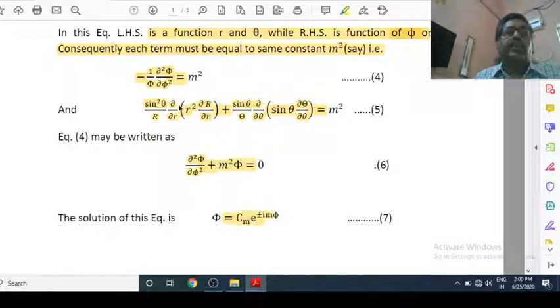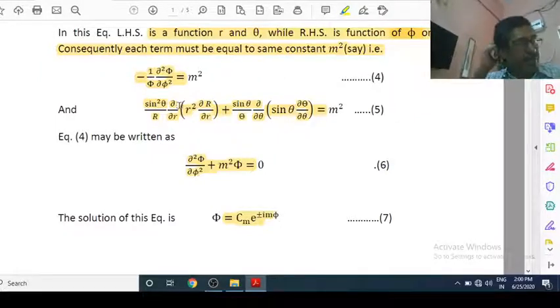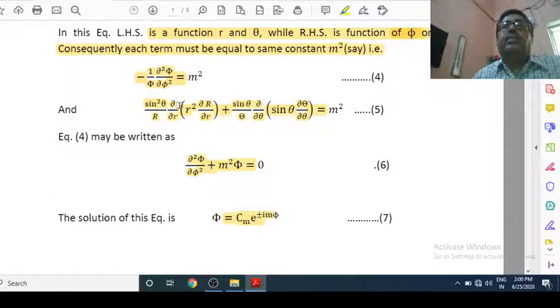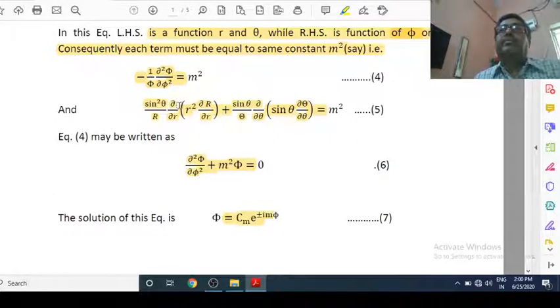As I told you earlier, we are going to use the technique of method of separation of variables, in which we keep each term in terms of only one variable. So here, everywhere r, but one sine square theta is here and the theta term is here. So if we divide by sine square theta, it will be cancelled out. Sine theta will come here, and that is the function of theta.